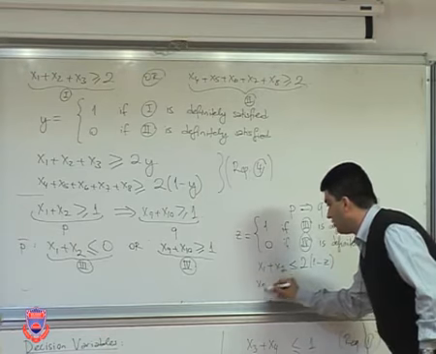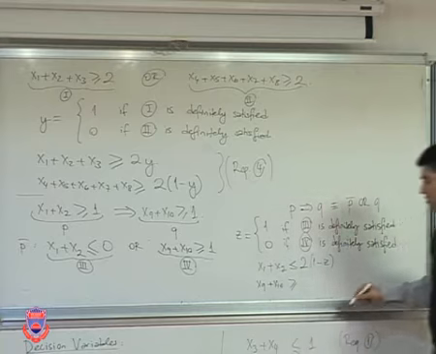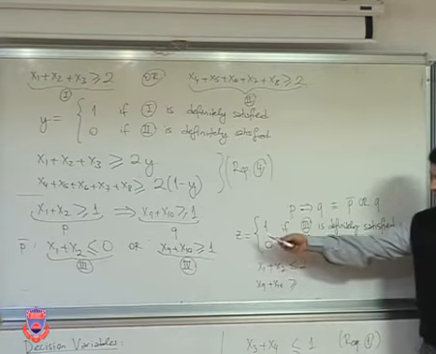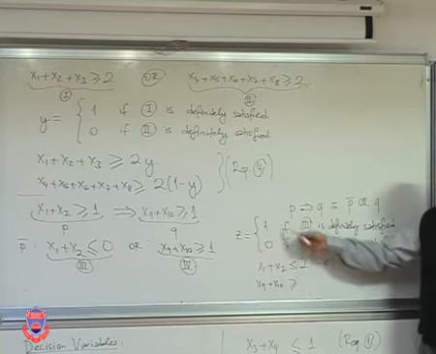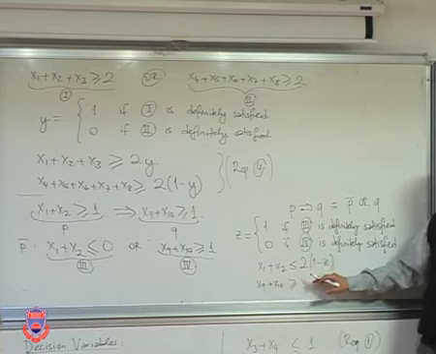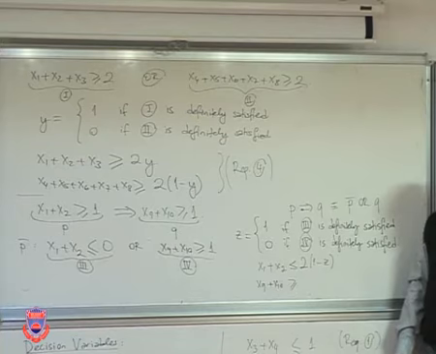So let me work on the other one. x9 plus x10. So now I want to pick an expression for the right-hand side such that when z is equal to 0, the right-hand side becomes 1. And when z is equal to 1, the right-hand side now becomes 0, right? So now it becomes a redundant constraint. Okay? So what should I write on the right-hand side?